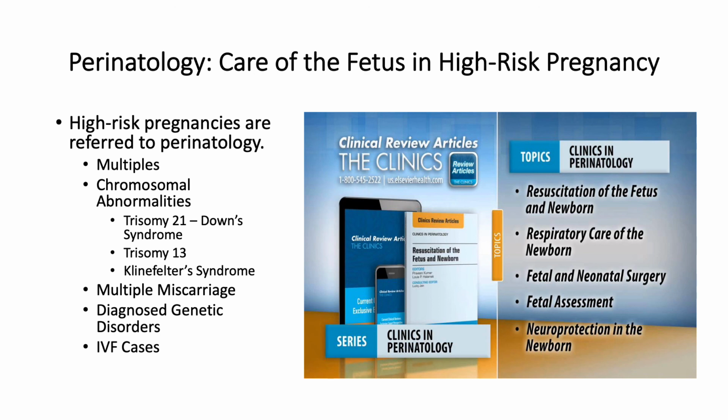So a perinatologist is sort of a hybrid pediatrician, gynecologist, obstetrician. So what they do is they take care of babies during gestation and their moms. And so this is kind of a relatively new branch of medicine, and it's pretty much an automatic referral if you have a high-risk pregnancy.